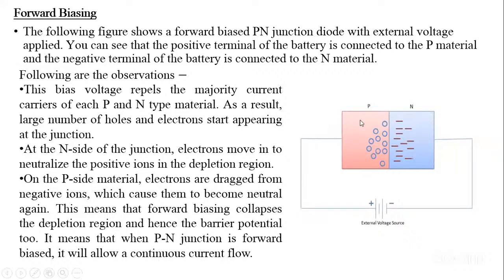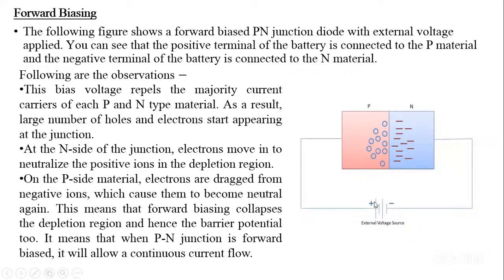So P is positive, majority carrier holes is positive. N is negative, majority carriers electrons. So if you look at the battery, the positive terminal is connected to P and the negative terminal is connected to N. So this is called forward biasing.